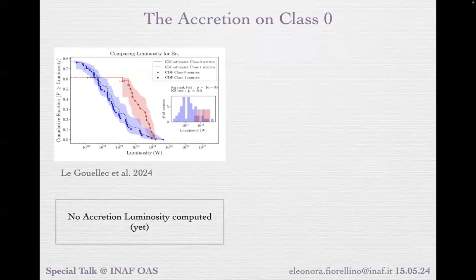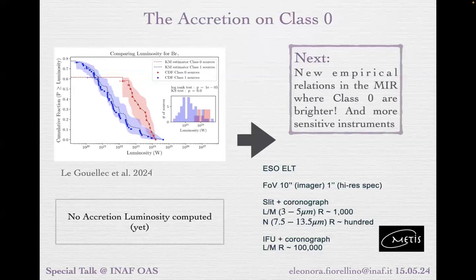However, this is promising, and the next thing that we have to do is compute the mass accretion rate of those objects, of course. But there is also another task that will be extremely useful, and that is to extend the empirical relationship that for the moment we have only up to the near infrared, to the mid infrared. Why?